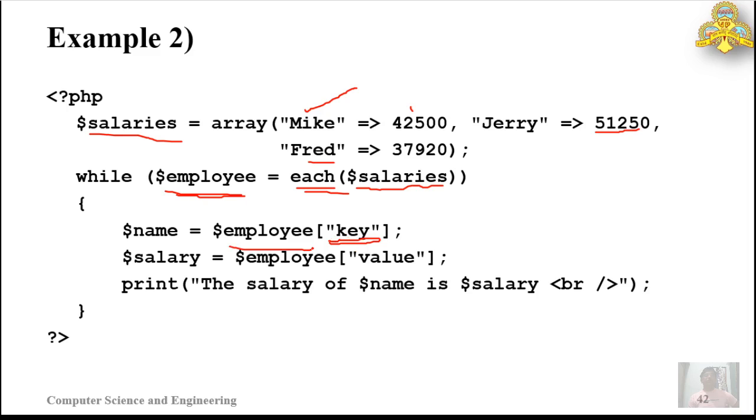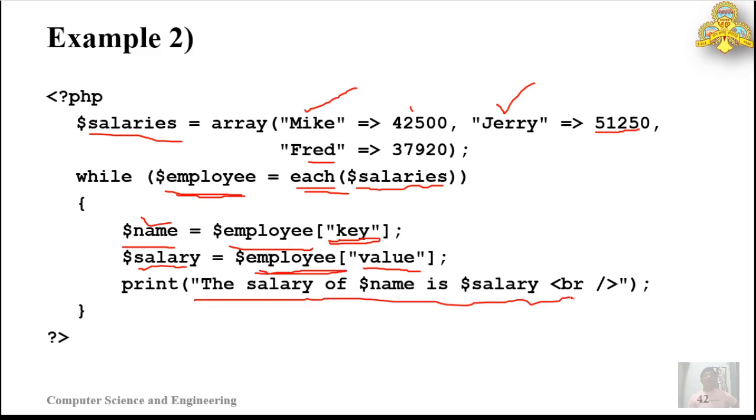So employee key returns the related key, which is stored in name. Actually all the keys here are names of the persons, so I will store the name in this one. Likewise employee value, that is the value of the key stored in the variable employee, is assigned to salary.